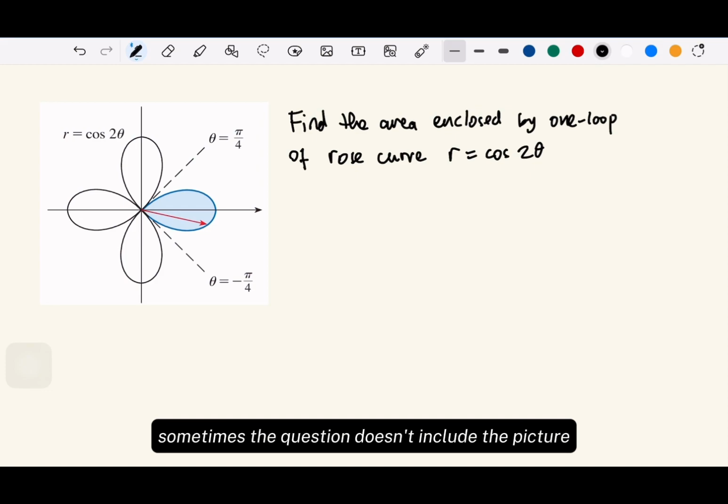Sometimes the question doesn't include the picture, so you need to sketch the curve first.